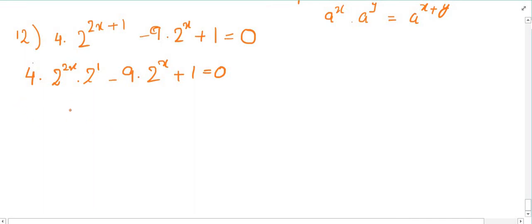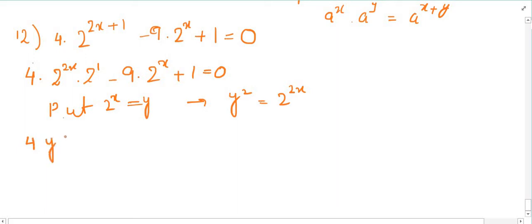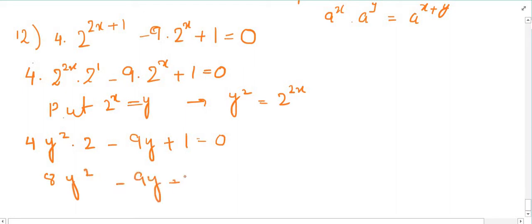Okay, put this equals y, take square on both sides, 2 to the 2x equals y square. Now what about 4y square times 2 minus 9y plus 1 equals 0. This becomes 8y square minus 9y plus 1 equals 0.